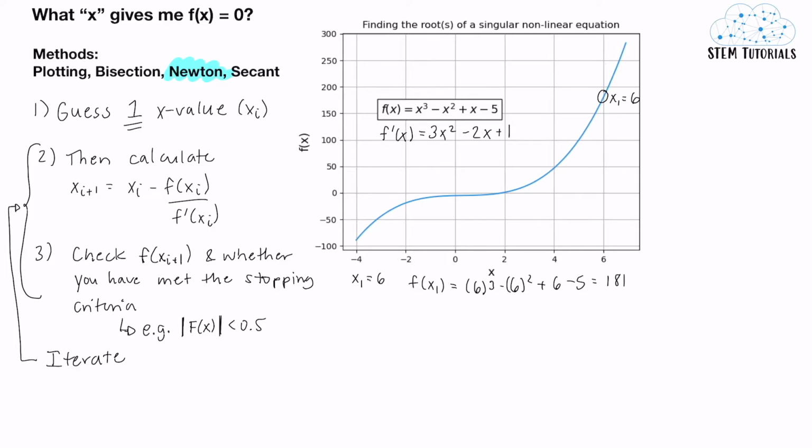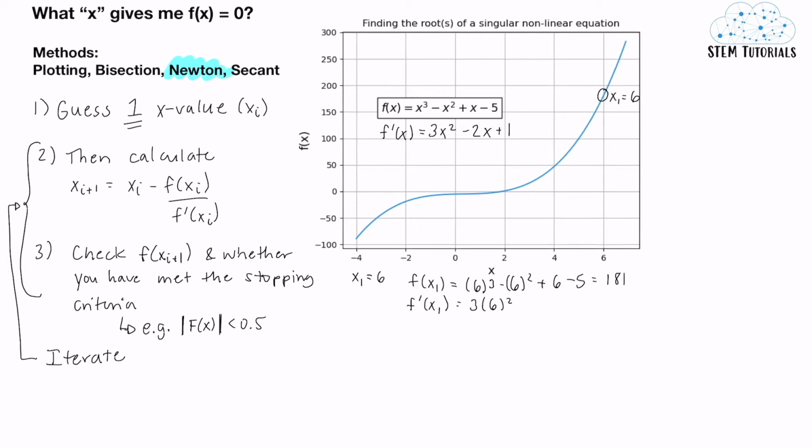Then we need to calculate our f prime of x1 by plugging our x value in this equation. So f prime of x1 equals 3 times 6 to the power of 2 minus 2 times 6 plus 1. If we type this into our calculator, we'll get an answer of 97.